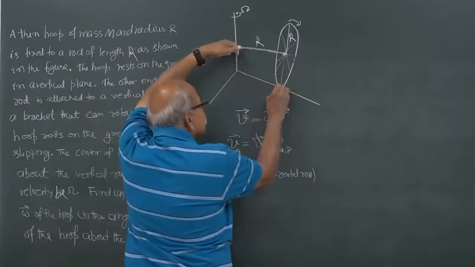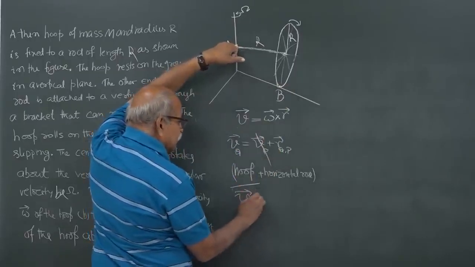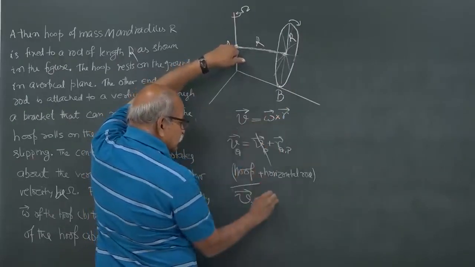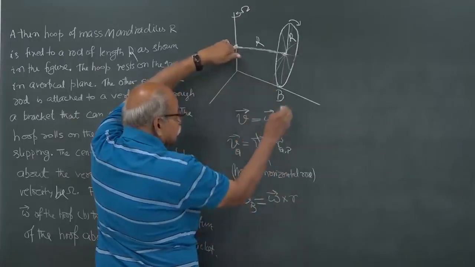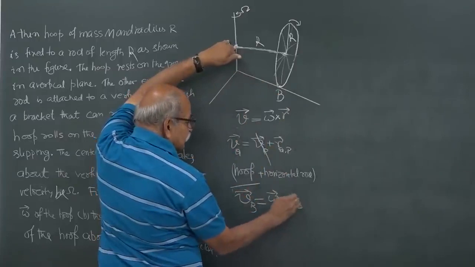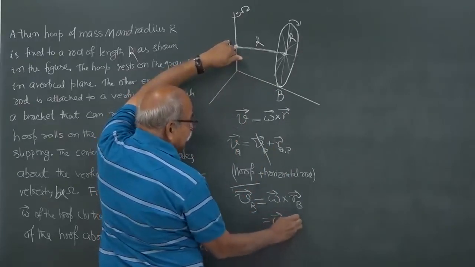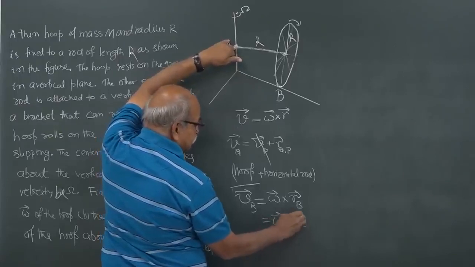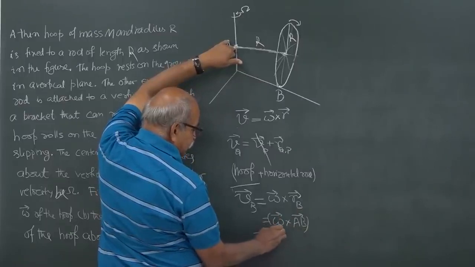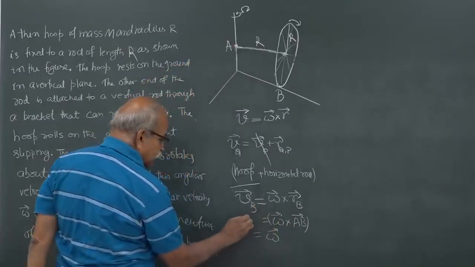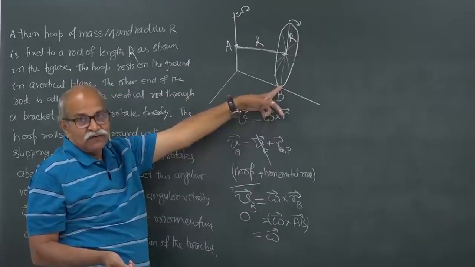Now, for point B, it is rolling without slipping. So, v of B should be equal to omega cross r of this point B, and that is equal to omega cross the AB vector, and this is 0, because at point B there is no velocity, it is rolling without slipping.